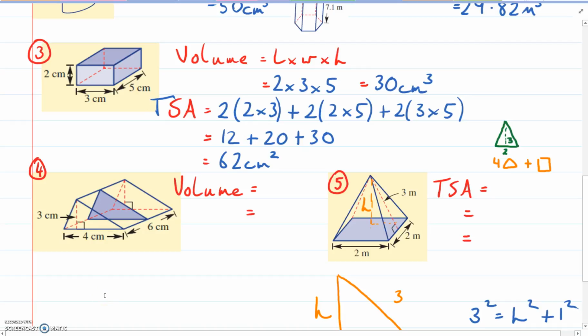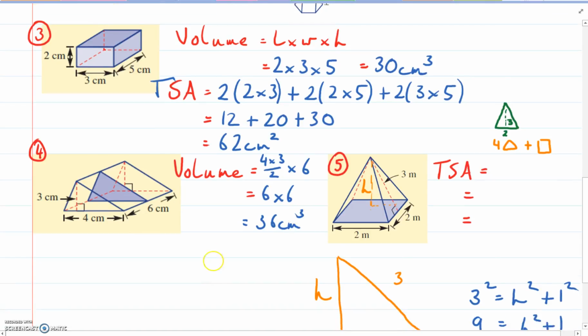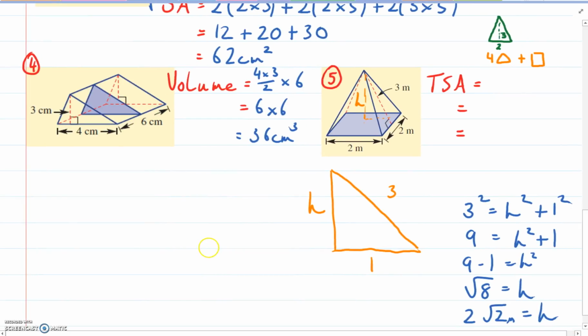So that is 4 times 3 over 2, all multiplied by 6. 4 times 3 is 12. 12 divided by 2 is 6. So that's the same as 6 times 6, which is 36 centimeters cubed.